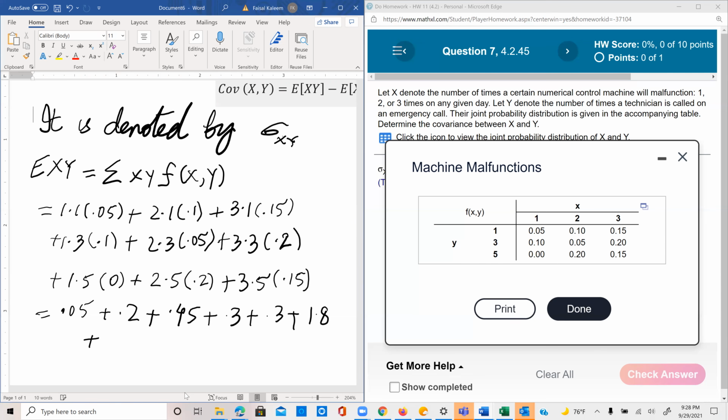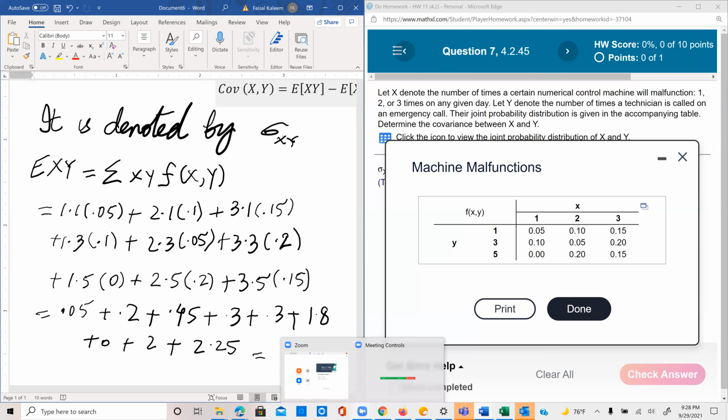And then plus 0. Plus 2 times 5 is 10, times 0.2 is 2. 3 times 5 is 15, and times 0.15 is 2.25. And all this adds up to 7.35.